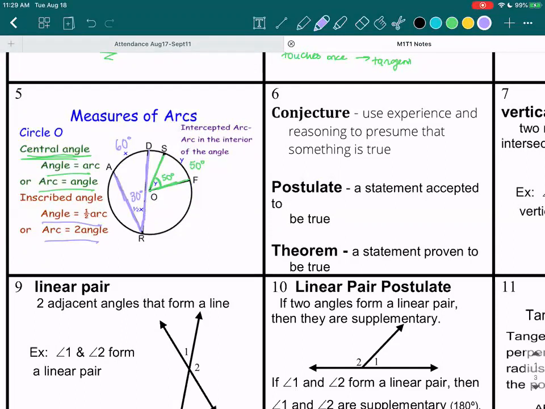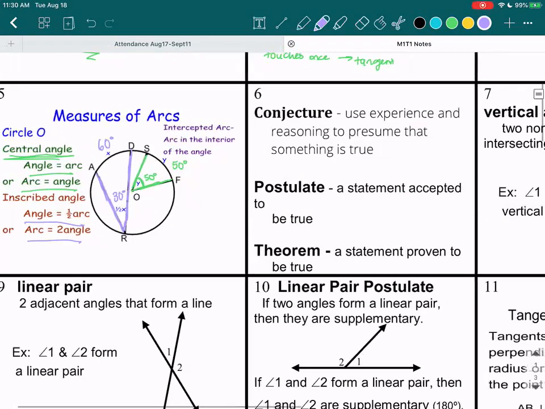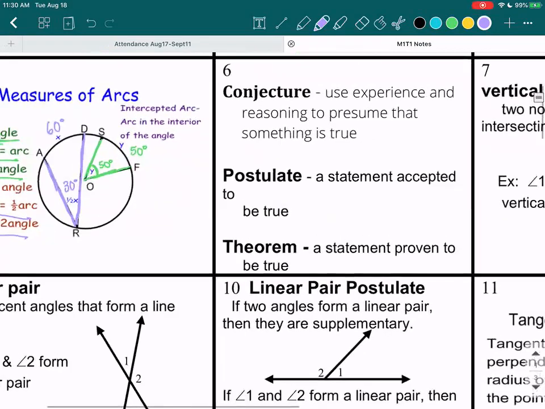Okay, I'm gonna just read number 6 to you guys. Conjecture is to use experience and reasoning to presume that something is true. A postulate is a statement accepted to be true, and a theorem is a statement proven to be true. So a theorem is like a fact proven.